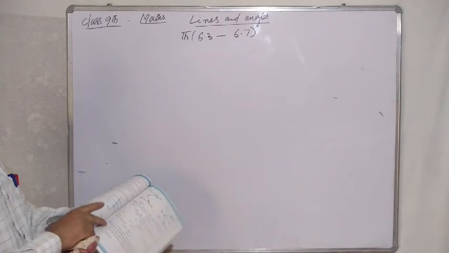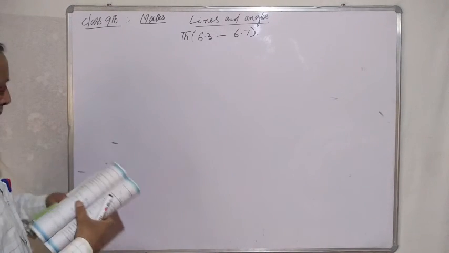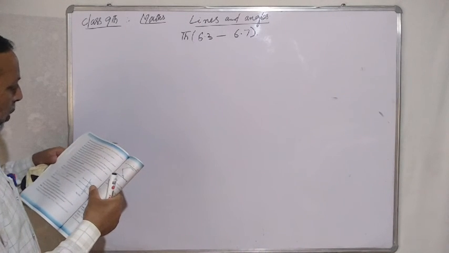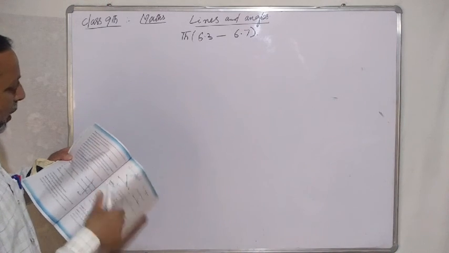Theorem 6.5. If a transversal intersects two parallel lines, then each pair of interior angles on the same side of the transversal is supplementary.